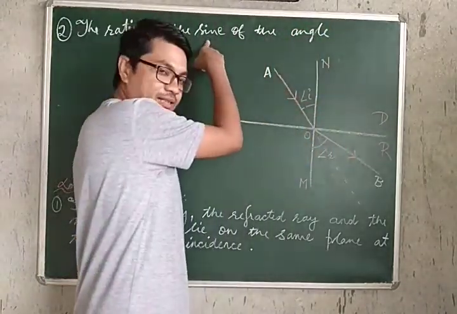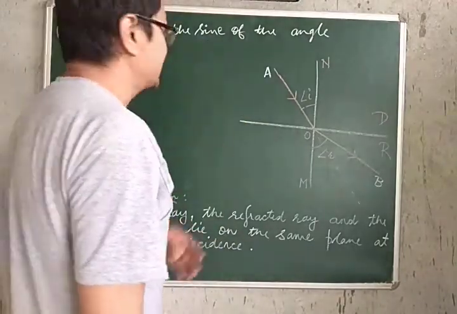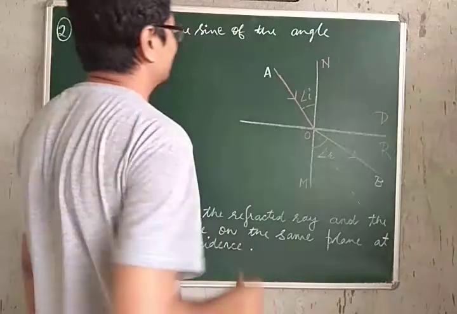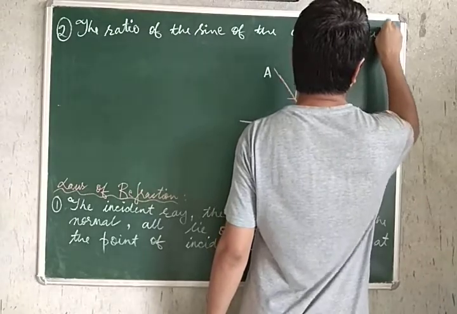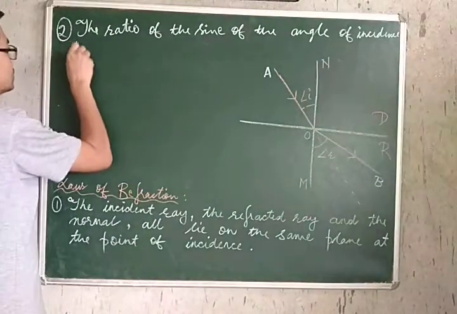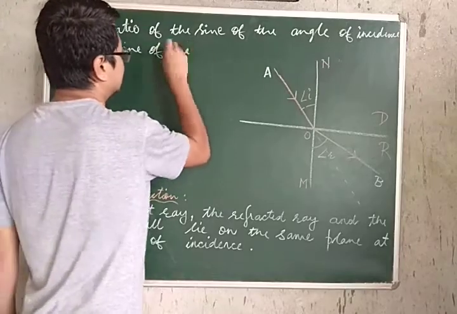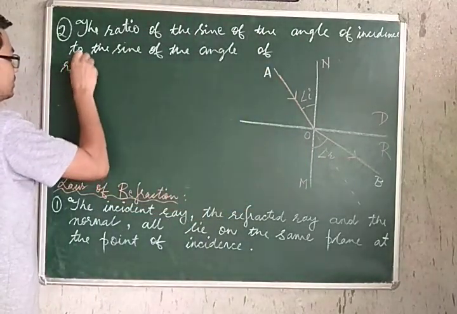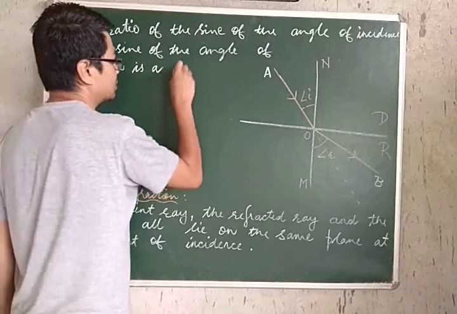The ratio of the sine, read as sine, of the angle of incidence to the sine of the angle of refraction is a constant. You won't understand this right now, but still you have to write this.